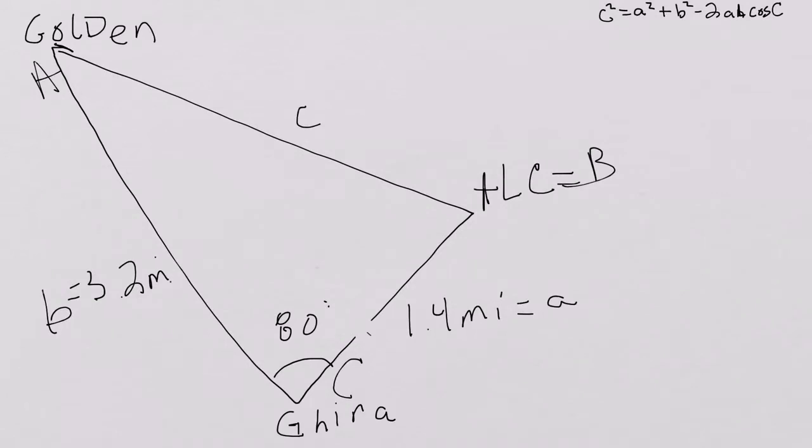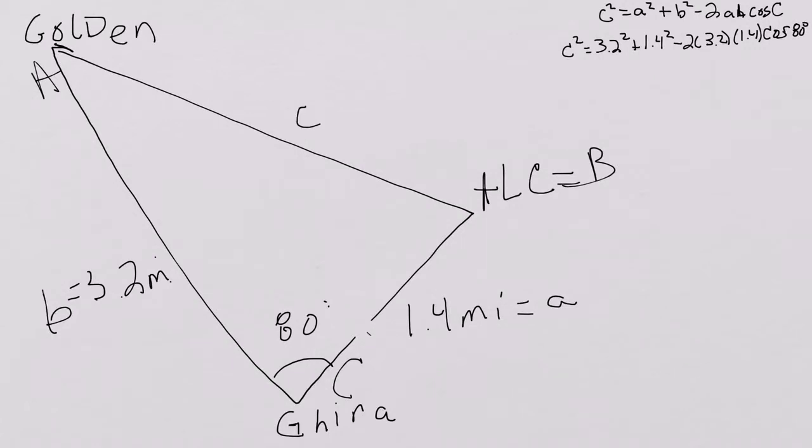So we throw those numbers in there, and our equation ends up looking like C squared equals 3.2 squared plus 1.4 squared minus 2 times 3.2 times 1.4 times cosine of 80 degrees.